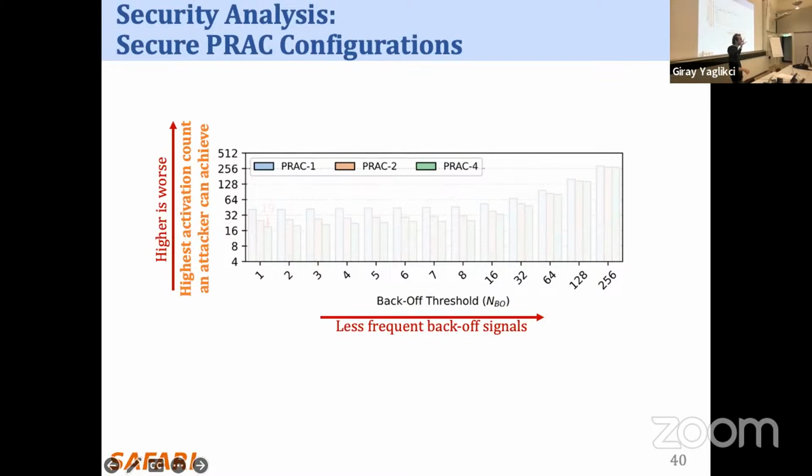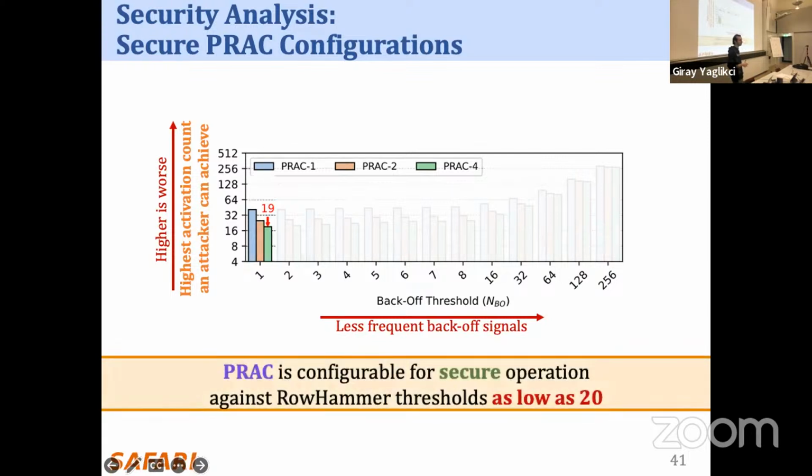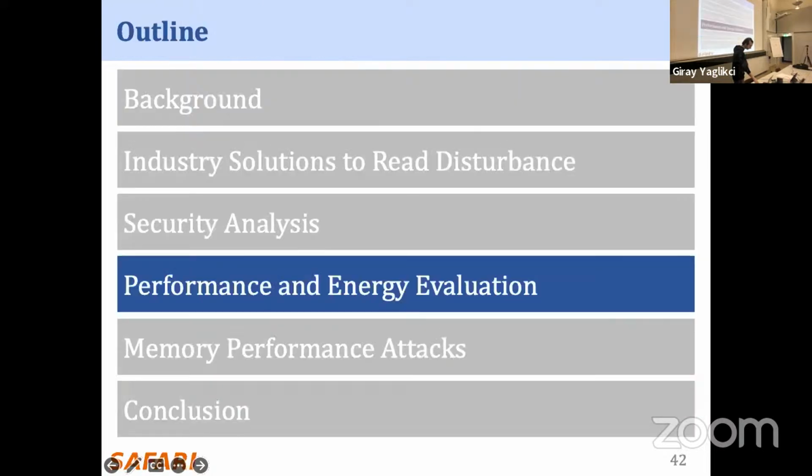So you don't see the wave attack parameters here, but each bar displays the worst one. Once we repeat the analysis, we observe that PREC is configurable for secure operation against RowHammer thresholds as low as 20, because an attacker can obtain 90 activations to a single row on the PREC for computations configuration.